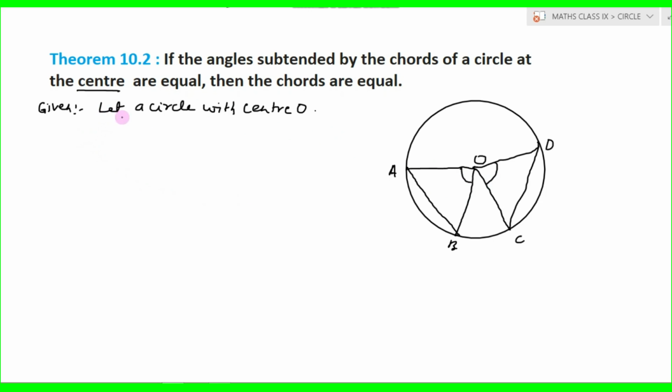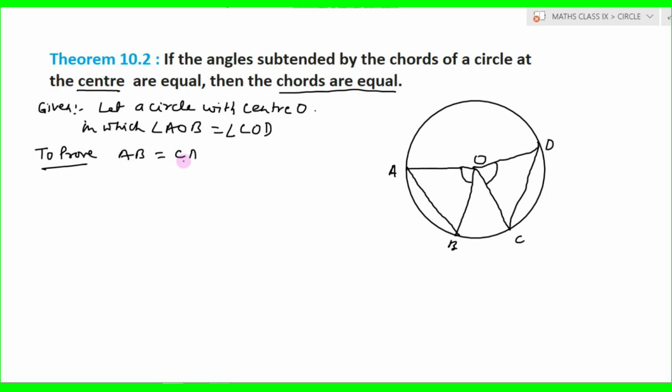So it is given, let the circle have center O in which angle AOB is equal to angle COD. The two angles are equal, and you need to prove that these two chords are equal, meaning chords AB and CD. So you have to prove chord AB is equal to chord CD.